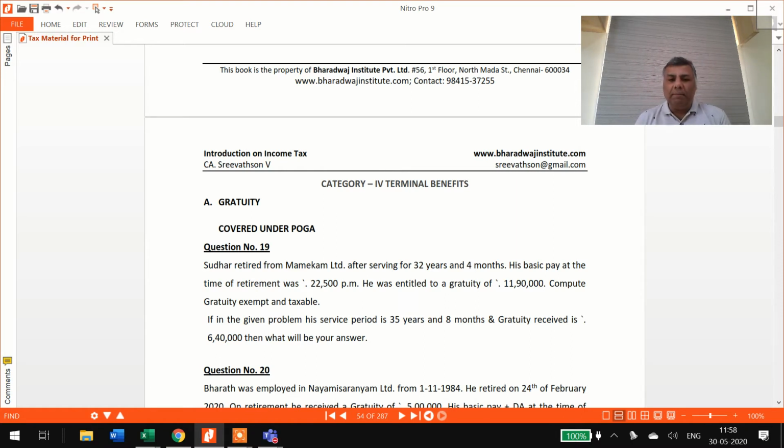I'm in question number 19 in page number 54, my dear friends. Sudhar retired from Mamekam Limited after serving for 32 years and 4 months. His basic pay at the time of retirement was 22,500 and he was entitled to a gratuity of 11,90,000. Compute exempt and taxable part A, and then there is a part B also. First the part A, read through.